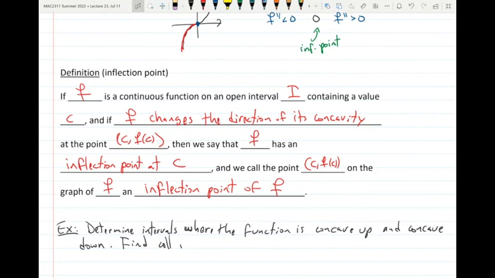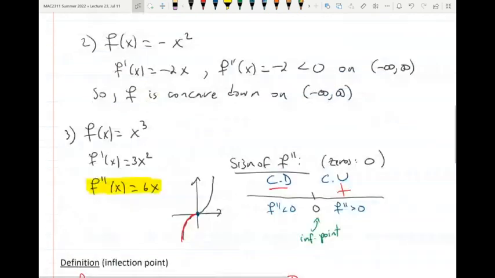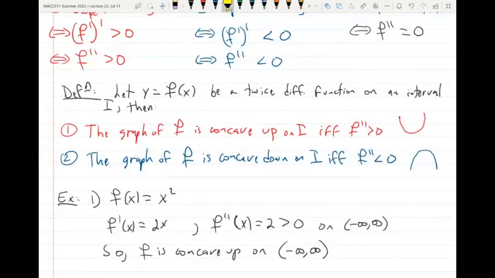In this definition, this is a subtle thing: you have a twice differentiable function. So if you're going to have an inflection point, it's going to happen inside this interval, because that's an interval in which it changes concavity. So the function has to be differentiable at that point. In other words, the derivative must exist.